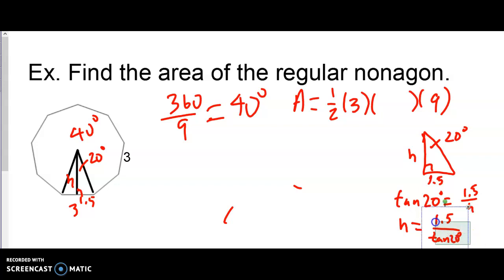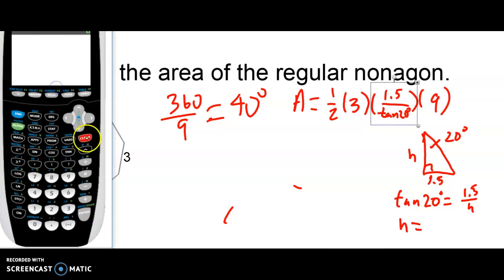So I can take this answer now and slide it in for that height right there. Typing that in on the calculator, I'm going to go 0.5 times the base is 3 times the height is whatever 1.5 divided by the tangent of 20 degrees, and then times 9.